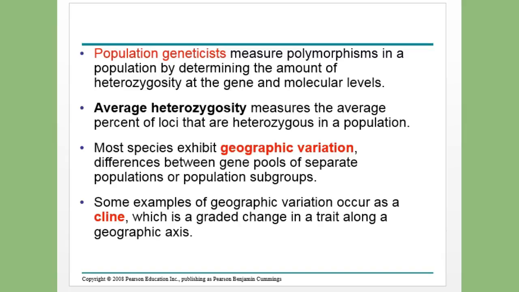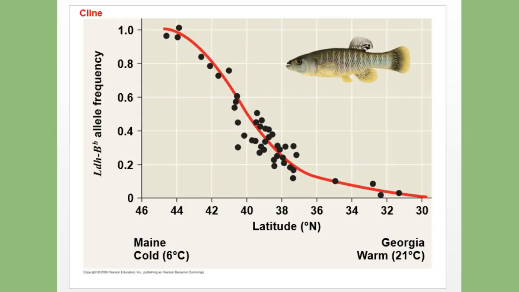Some examples of geographic variation occur as a cline, which is a graded change in a trait along a geographic axis. Okay, here's an example of a cline. This image, if you want to look at it closer, is on page 470. This is an example showing a cline determined by temperature.